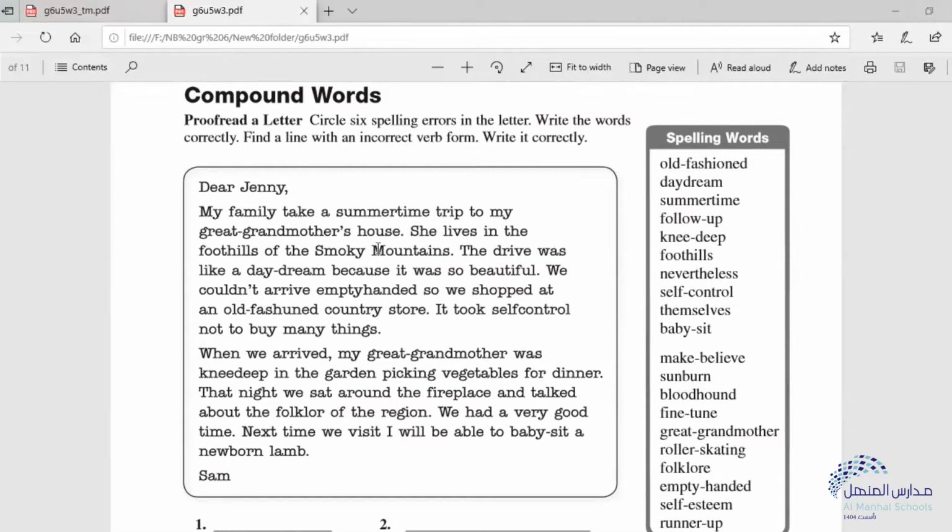She lives in the foothills of the Smoky Mountains. The drive was like a daydream. Daydream, is that the way to spell it? Let's check. Daydream, see? There is no hyphen in it. Don't forget, as I told you, if a word is spelled without a space and you put a space there, you're wrong.